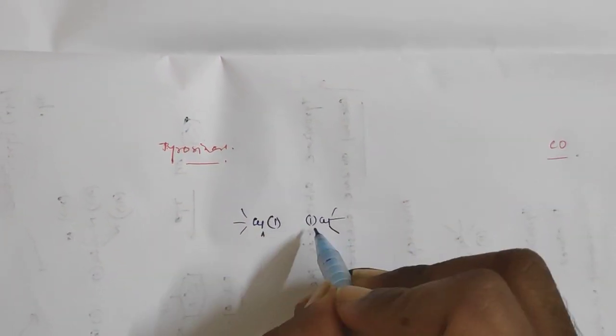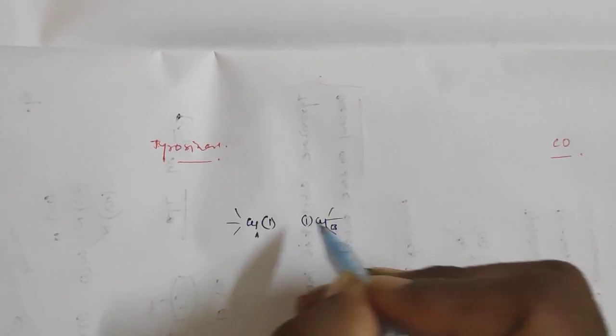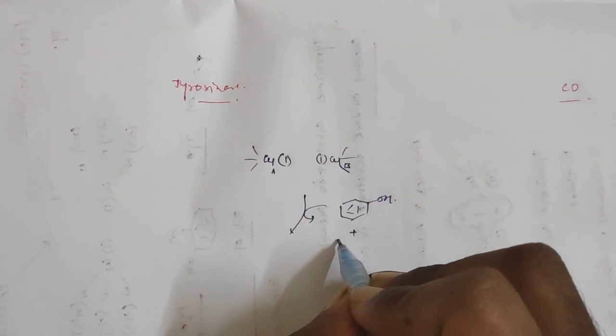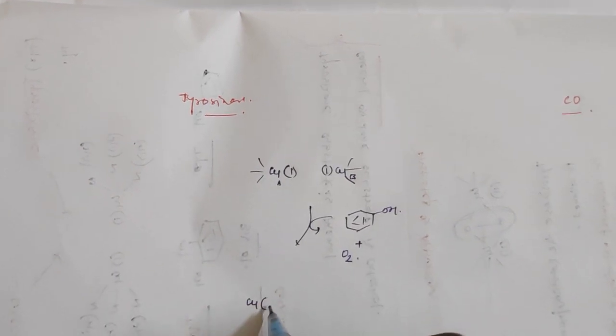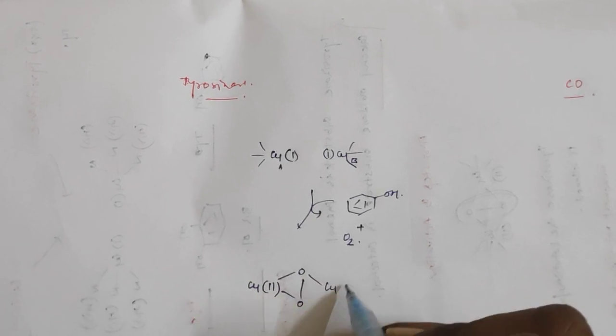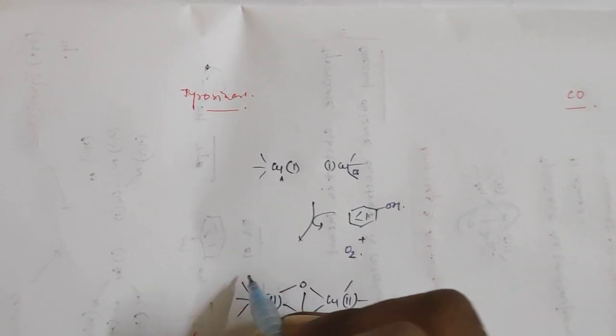This is copper A and copper B, and all of the action takes place in the copper A center only. Fine. Then what is the substrate for tyrosinase? Phenol. So let's bring the phenol, and the first step is the O2 activation, so we have to bring the dioxygen moiety also. After the O2 activation, the copper will be present as copper(II) like hemocyanin, with eta-2 bridging, and 3 N-histidine.